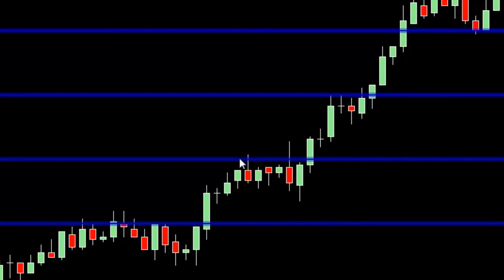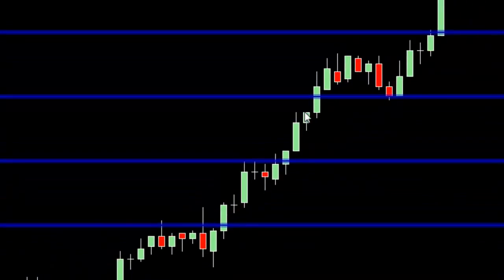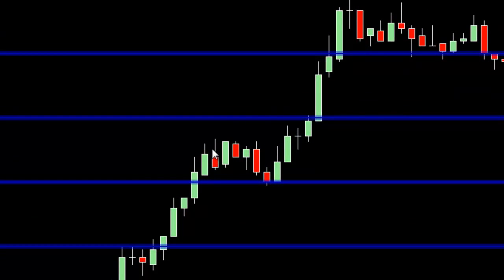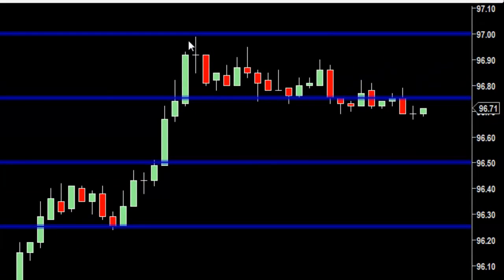Again, we have a little bit of resistance here at 95.75, but price once again breaks through. We drive all the way up through 96.25. We get a pullback, and it stops just within a few ticks of 96.25, and it breaks out yet again to the high here of 97.